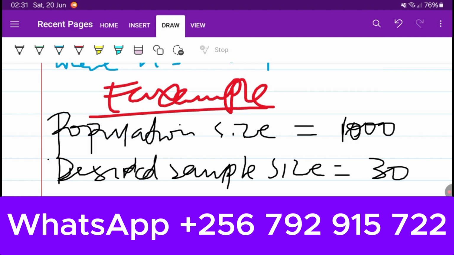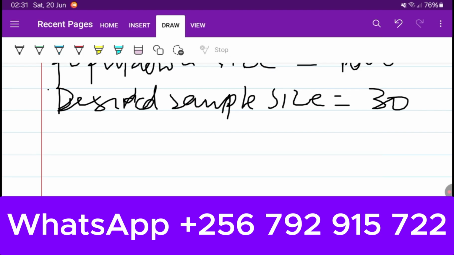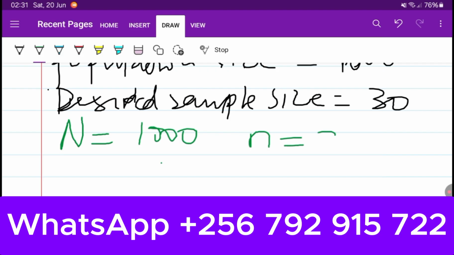Let's now see how we can form that sample. Of course, we have our N, the population, which equals 1000, then our small n, the sample size, equaling 30.